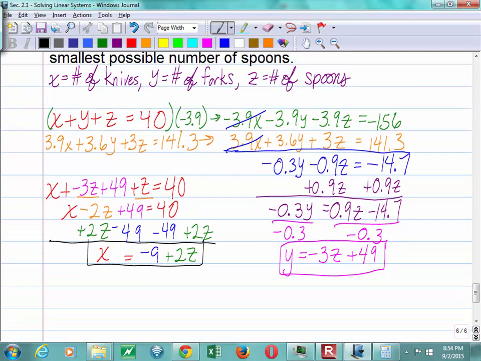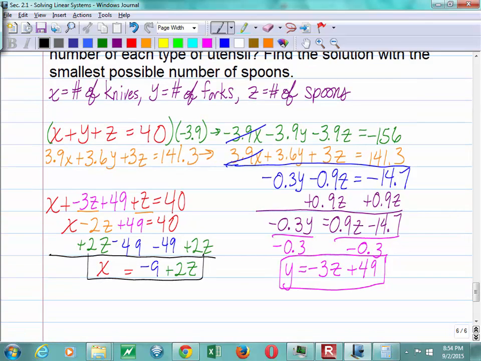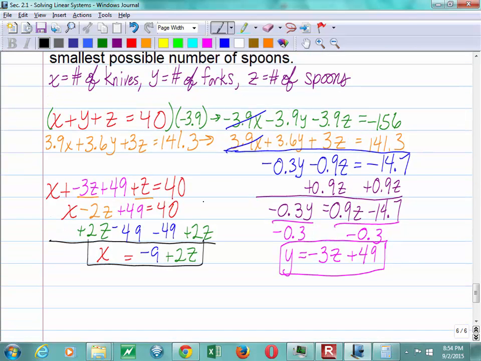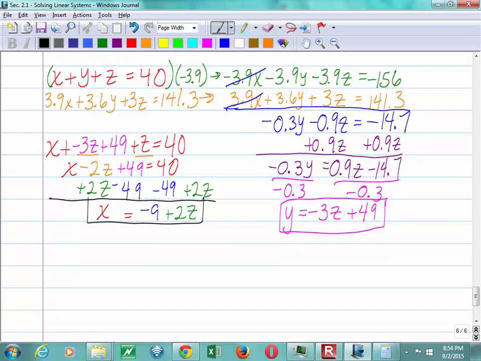Okay, doke. So let's see. Well, since x represents the number of knives and y represents the number of forks, I know that those numbers, x and y, have to be greater than or equal to 0 because you can't have a negative number of knives or forks.